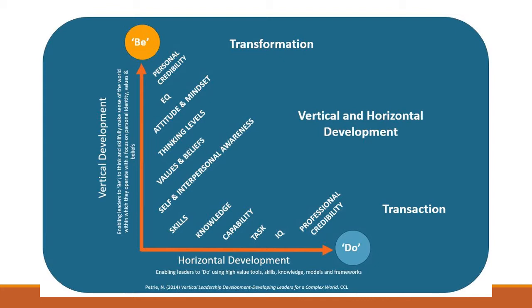The thinking levels are being utilized. Attitude and mindset, the EQ or the emotional quotient, and personal credibility. The purpose of which is the growth of the person, of the leader. These are the two differences between vertical and horizontal leadership.